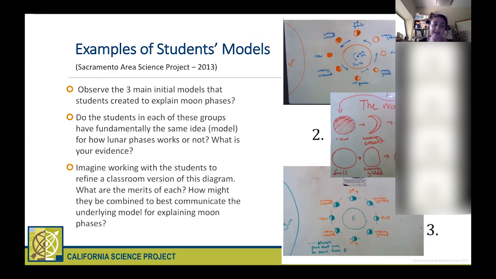And I also would like you to think, if you are the teacher of the students in this classroom, how are you going to use some of these ideas so that perhaps we can combine the most productive ideas that we see from the classroom to create together a classroom version of the moon phases. So can you share some of your ideas in the chat window?